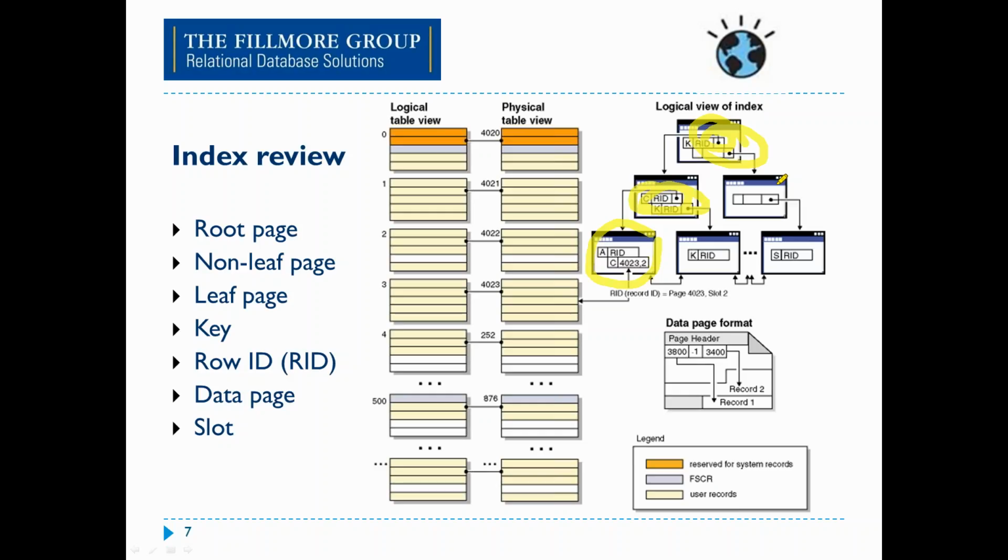As more key values are entered in the levels above them, let's say the leaf pages at the very bottom fill up, the non-leaf pages split. We could create another level in the index, which means that every time I need to search for a key value, I need to do another I/O. I perform an input-output operation for each level of the index to walk the index to find the record I'm looking for.